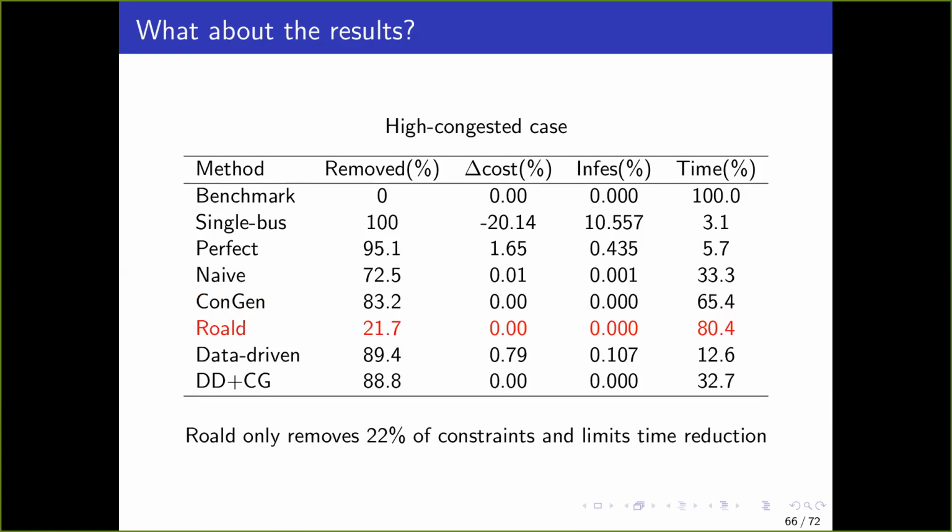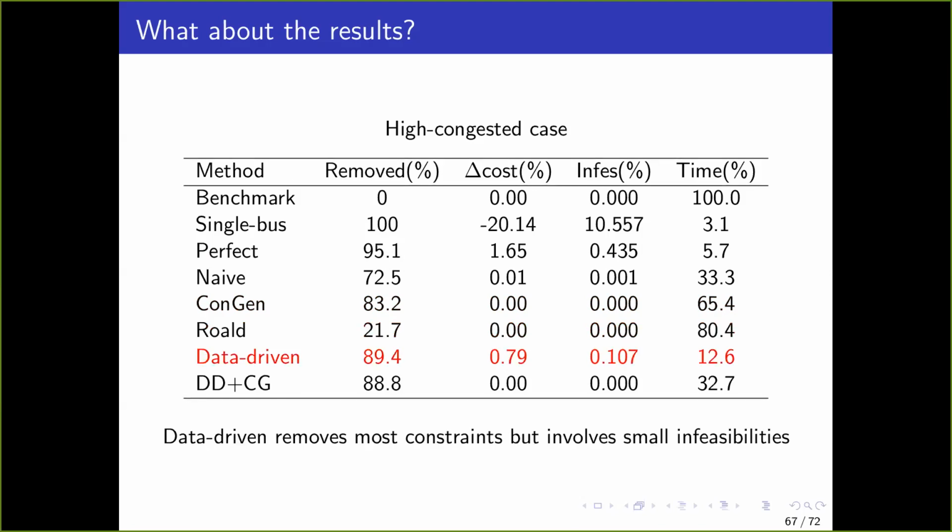And the rolled method is only removing 22% of the constraints, and the time reduction is also not very impressive. Finally, our data-driven method is removing almost 90% of constraints at the expense of having some 0.1 infeasibility. But the reduction of the time is 12%.